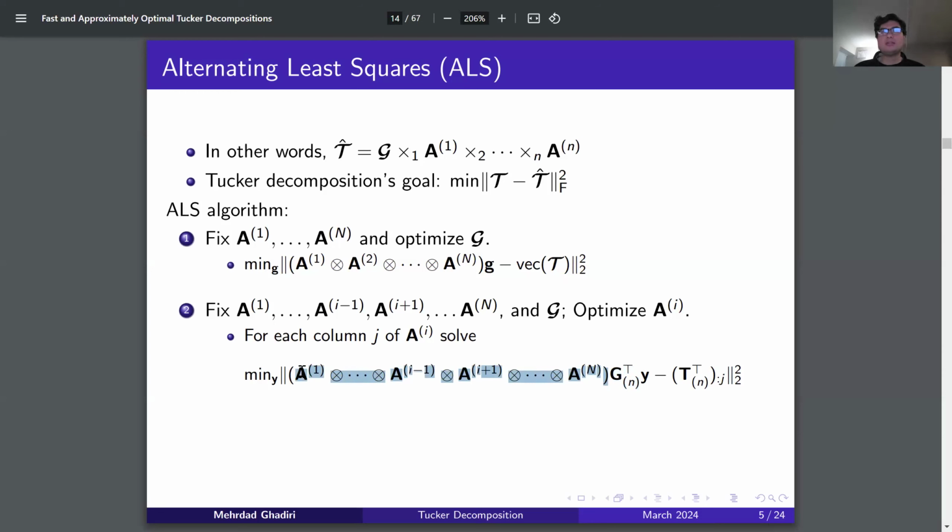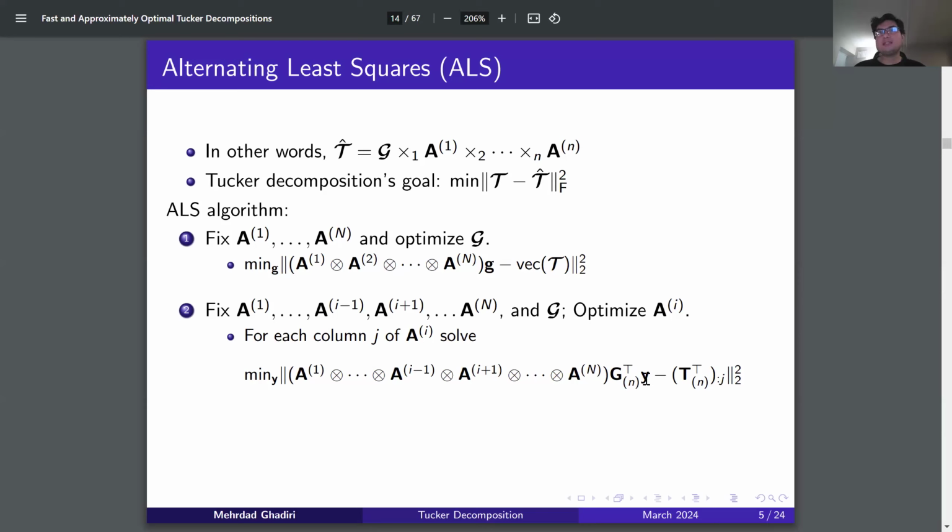I'm going to talk about how to deal with that later, but for now, just believe me that having just a Kronecker product is much easier than a Kronecker product times some matrix. That looks weird. Sorry, Mehrdad. How does the matricization of G destroy the structure of the Kronecker product? I'm going to get into this later, but essentially multiplying a vector with a Kronecker product can be done much faster than multiplying a vector with a general matrix.